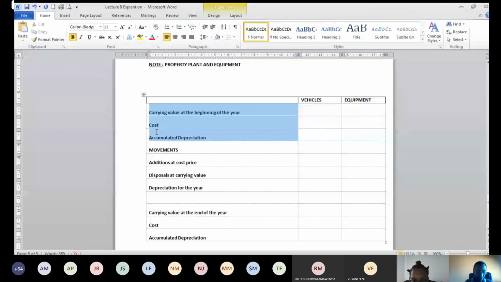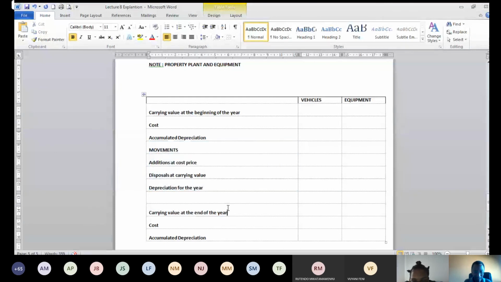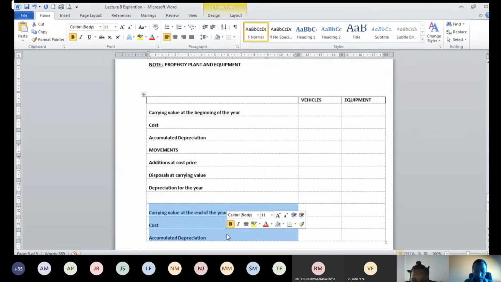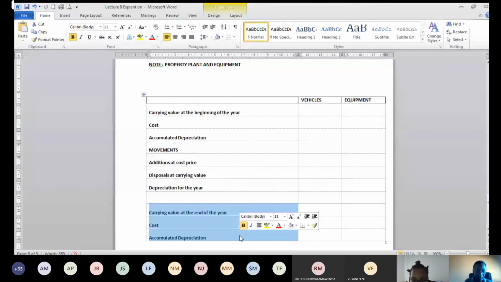The first section deals with the situation in the books of the business at the beginning of the year. The second section, under the heading for movements, shows what is happening during the course of the year. And the third section deals with the situation in the books at the end of the financial year. So we look at the beginning of the year, during the year, and the end of the year.